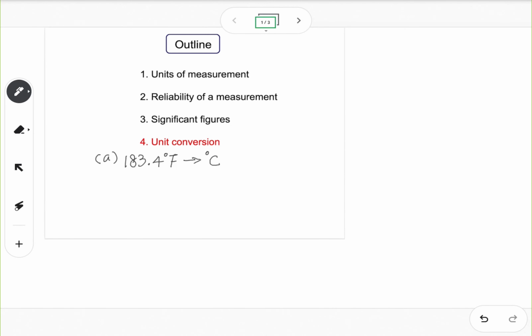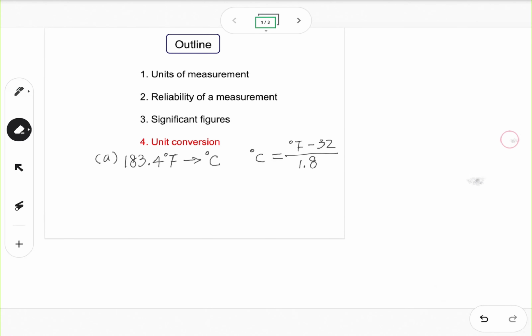As we mentioned in our previous video, video number 1, units of measurement, there is an equation between the degree Fahrenheit and the degree Celsius, and that is degree Celsius equals degree Fahrenheit minus 32, divided by 1.8.